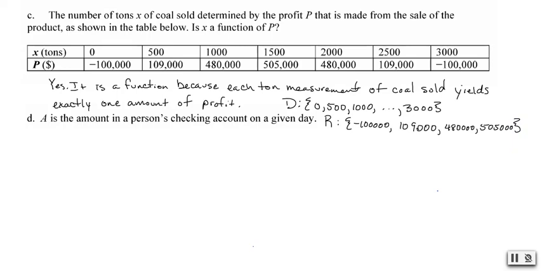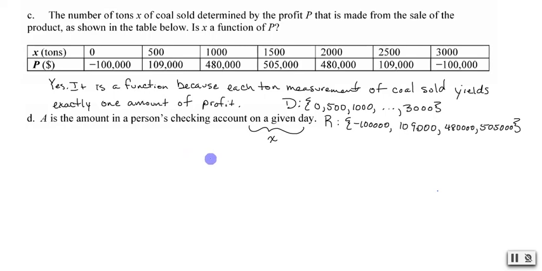So on any given day X, you get this amount in your checking account of A. It is possible to have two different amounts in your checking account on a given day. Maybe you start the day with $300 in your account, and then at the end of the day you have $280 because you took out $20 from an ATM somewhere. So based on that, I would say no, this is not a function.